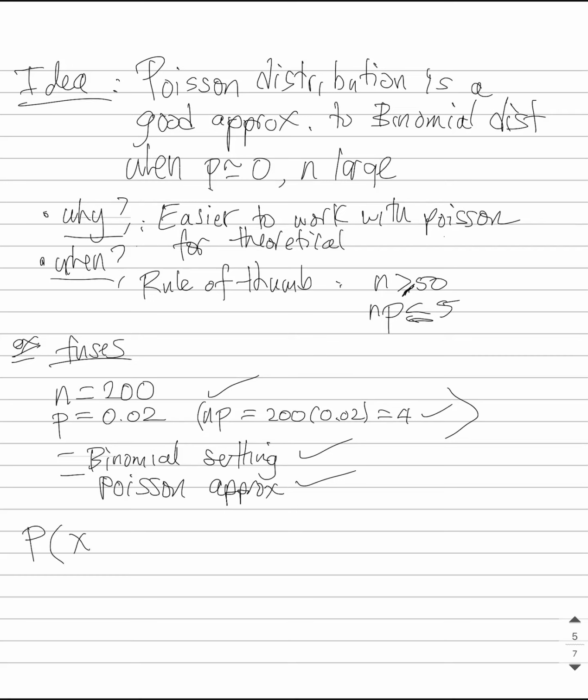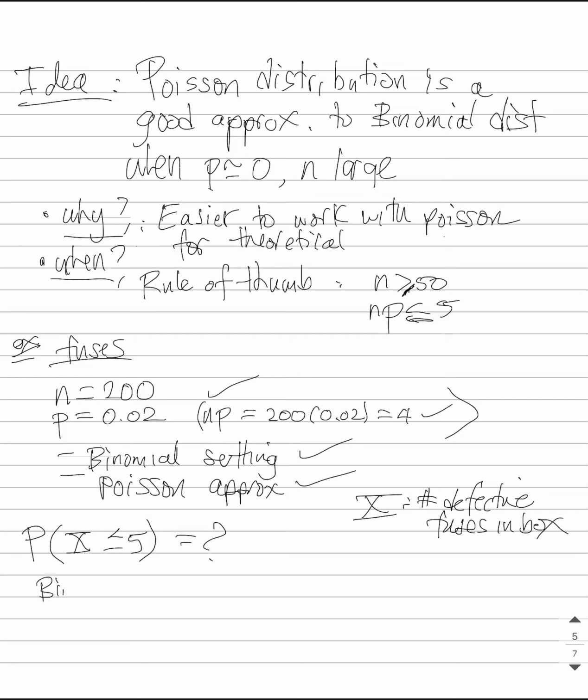The question we are interested in is: find the probability that at most 5 defective fuses will be present. So here, X is going to stand for the number of defective fuses in a box, and we would like to figure out this probability.